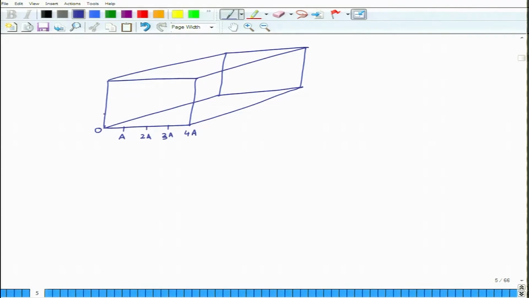Here I define as a, 2a and 3a, and here let us say this is 8a.